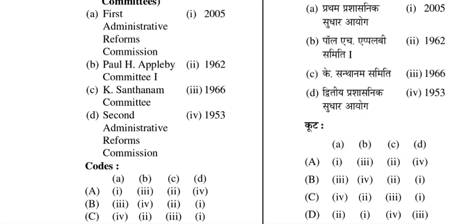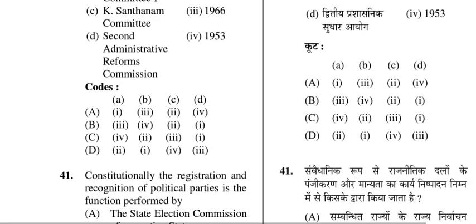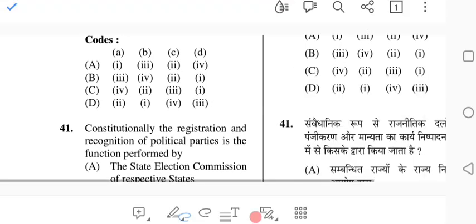First Administrative Reforms Commission, it is related to 3, 1966. B4, Paul H. Appleby Committee 1, it is related to 4, 1953. C2, K. Santhanam Committee, it is related to 1962. D1, Second Administrative Reforms Commission, it is related to 2005. Got it? Number B will be the correct option.